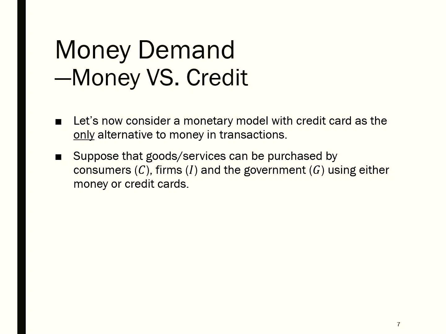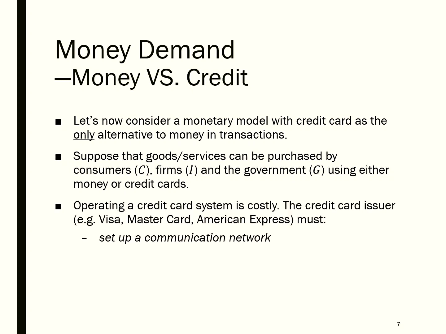Now suppose the goods and services you purchase every day by consumers, by firms, by the government, they are represented by the symbols here. Consumption is represented by C, investment is represented by I, and the government expenditure is represented by G. All these purchases have to be done using the medium of exchange, either by money or by credit.